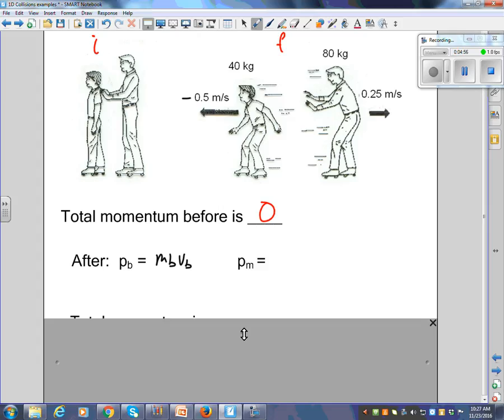So the mass of the boy is 40, and the velocity of the boy is minus 0.5, which is minus 20 kilogram meters per second. In the same vein, momentum of the man would be mass of man times velocity of man.